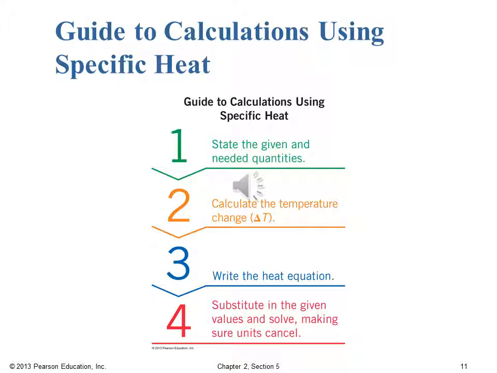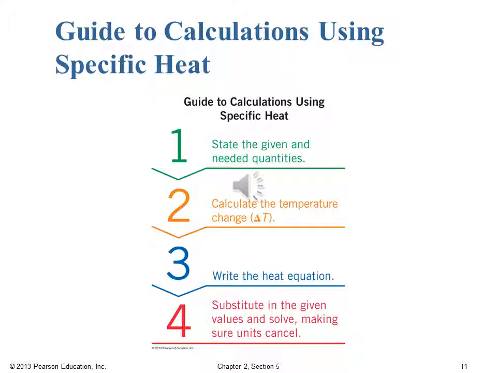This means we'll modify our approach a little bit from solving for specific heat. Now, we'd still take our first step, state the given and needed quantities, analyze the problem. In the second step, we'll calculate the temperature change, because if we're solving for the heat, we should have both starting and final temperatures, initial and final temperatures.